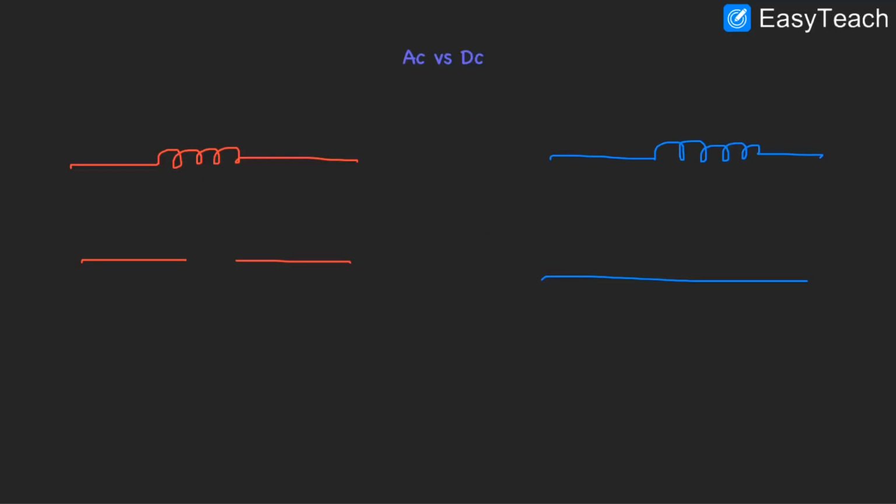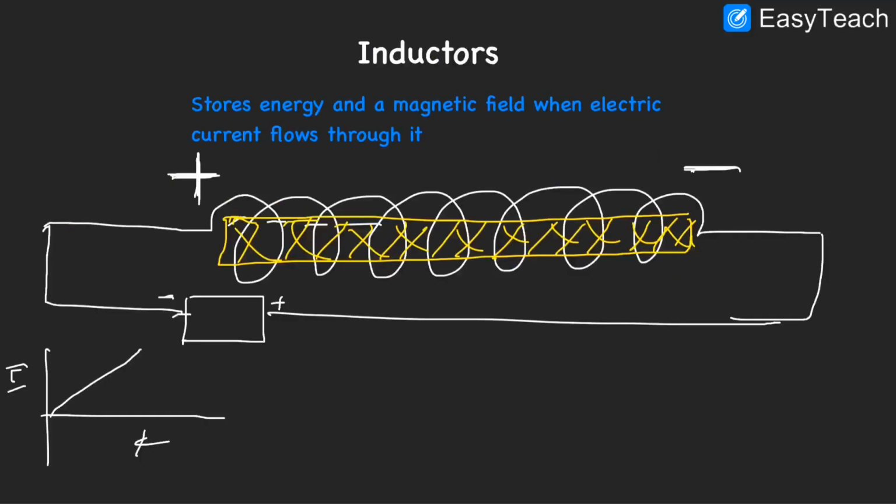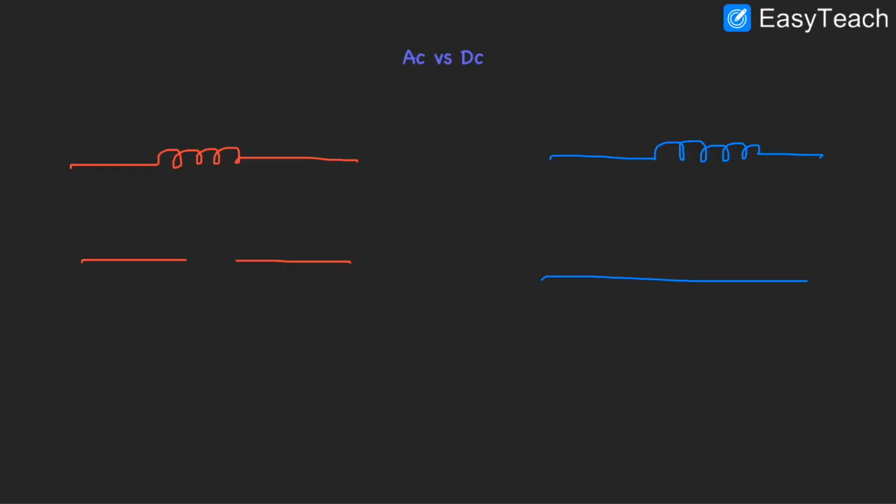So here I have drawn out AC versus DC. As we saw before, an inductor opposes the change in the current. In my DC case, I'm going to write it just here: in DC, the current change with respect to time is 0.